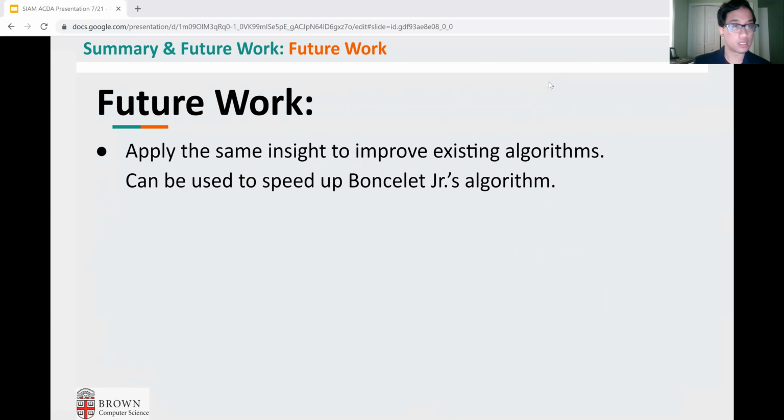And more broadly, our insight applies more generally, in particular to Bonsolet Jr.'s algorithm. At a high level, his algorithm maintains the distribution of the first i balls across each bin and uses this to compute the distribution of the first i+1 balls across each bin.